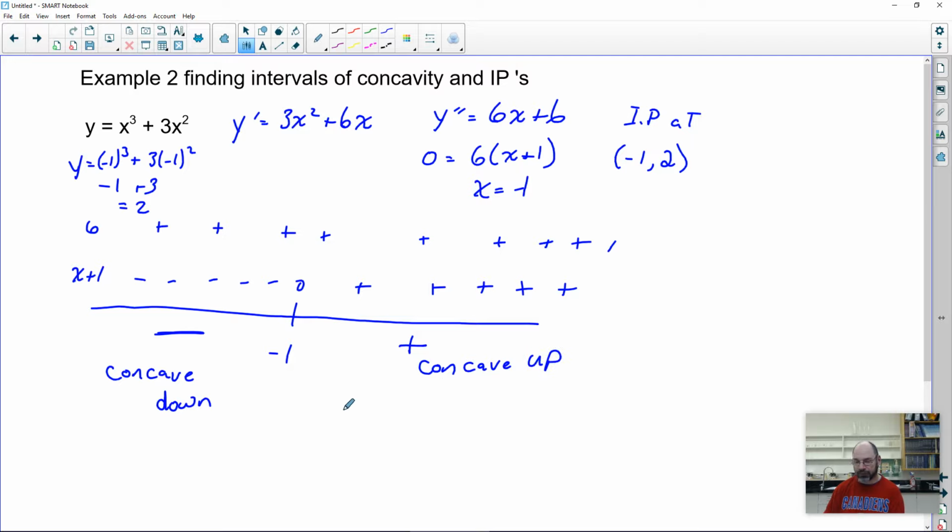So if we were to put the region here, it's concave down from -infinity to -1, and concave up from -1 to +infinity for this particular curve.